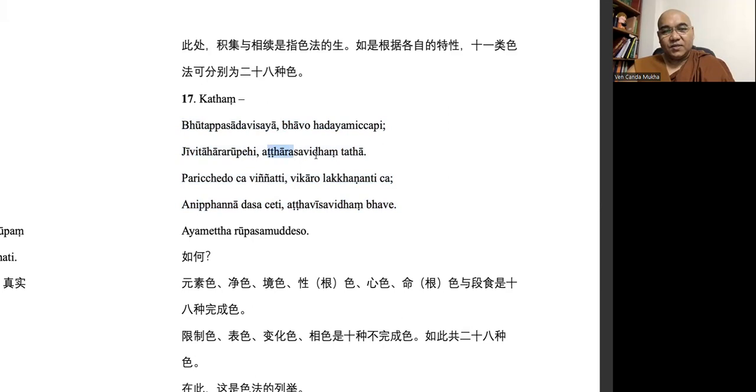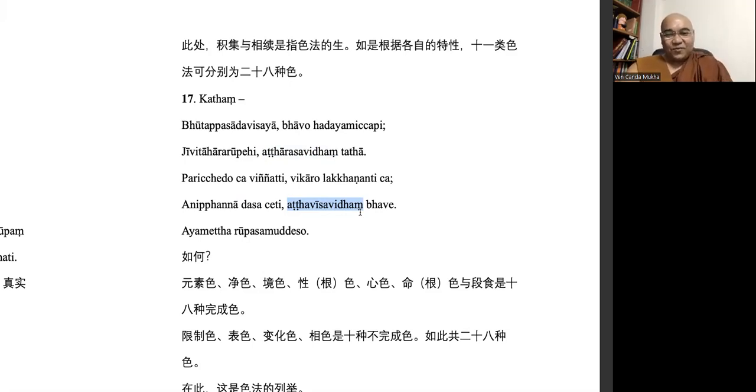So we can simply say the number here: Attharasavidham, 18 real Rupas, and then Anipphanna Dasa, 10. Then Atthavisati vidham. Sorry, Sayadaw. After you said Anipphanna Dasa, Anipphanna 10 are artificial Rupa.